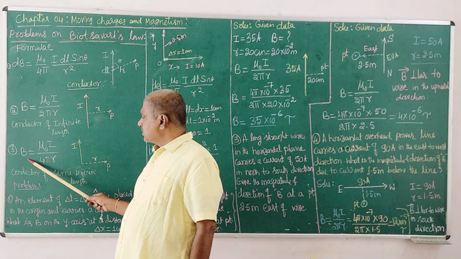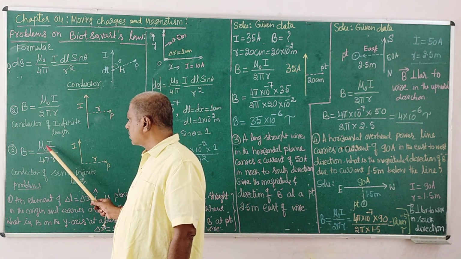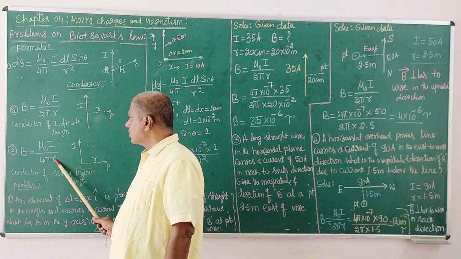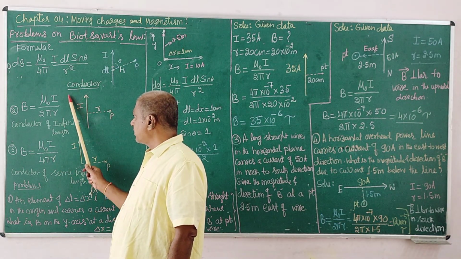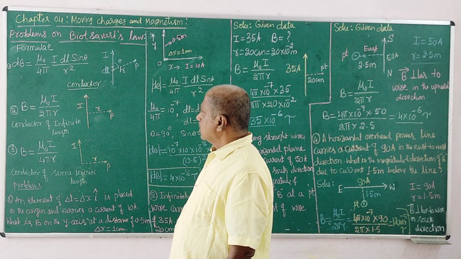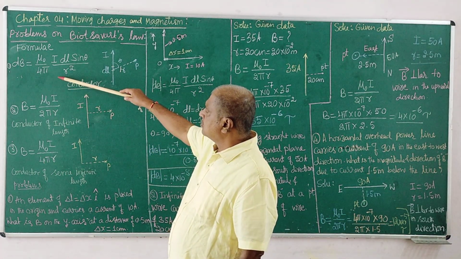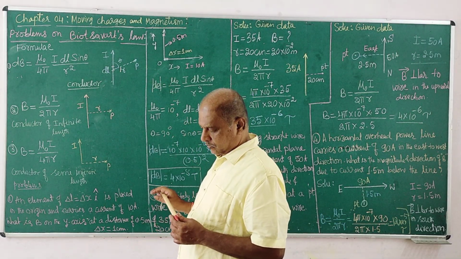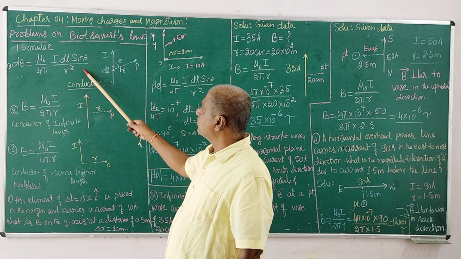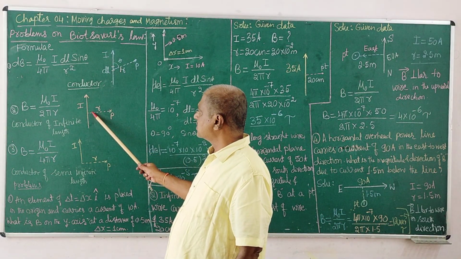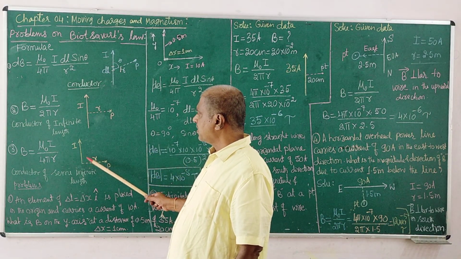It is given by mu naught I divided by 4 pi r, that is, the previous result divided by 2. These are the mathematical definitions of Biot-Savart's law: differential form and integral form for infinite length and semi-infinite length.